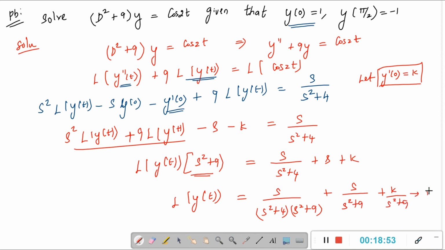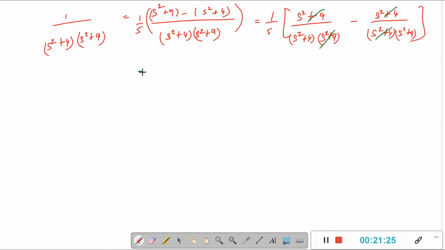I am taking this as equation 1. So if you want to find L inverse, we can apply the formula easily for the second and third terms. But for the first term, you have to do something, and then only you can apply the L inverse. 1 by 5 into 1 by s square plus 4 minus 1 by s square plus 9.